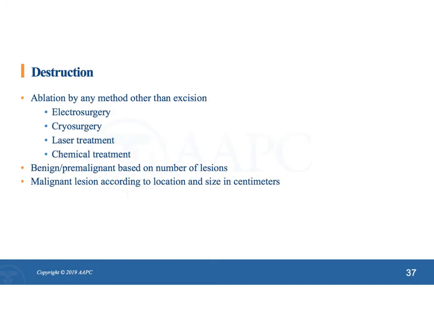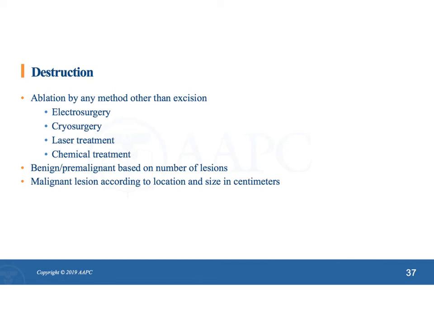The destruction subheading contains codes for the ablation of benign, premalignant, and malignant tissue by any method, with or without curettement, including anesthesia, and not usually requiring closure. Destruction is the method other than excision.